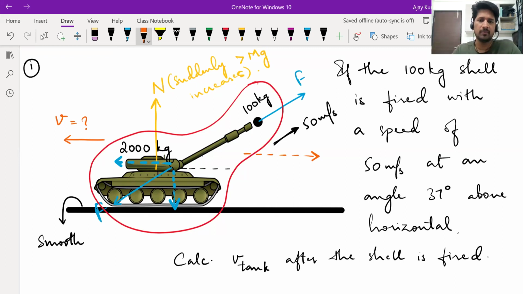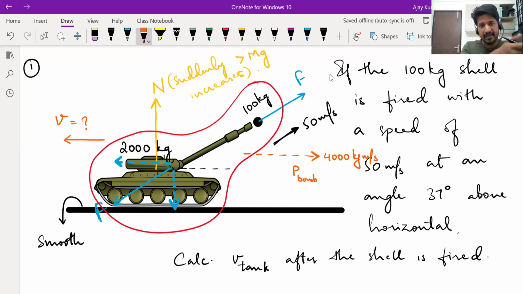So what is the component of momentum towards right? 5,000 cos 37, correct. Momentum of the bomb towards right is 4,000 kg meter per second.